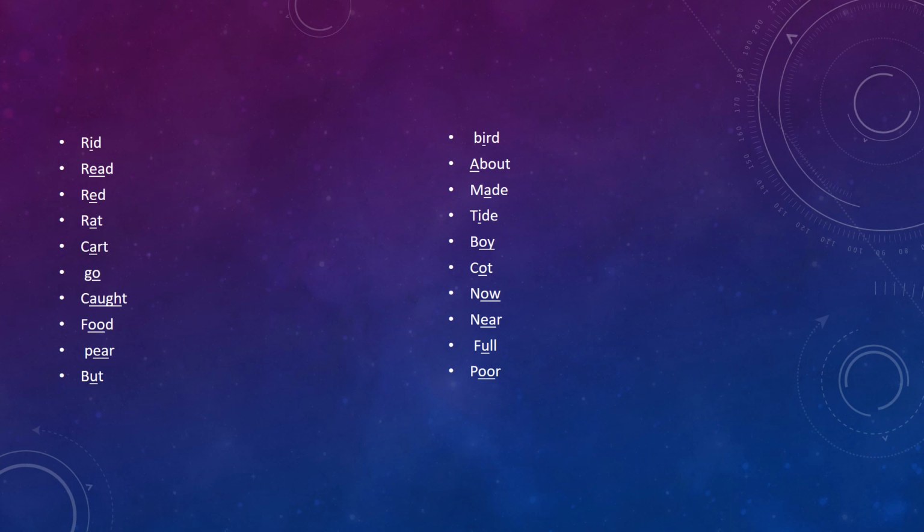You have i as in rid, short i as in rid, ee as in read, the prolonged ee as in read, e as in red, a as in rat, ar as in cart, o as in go. It's not o, it is o as in go.